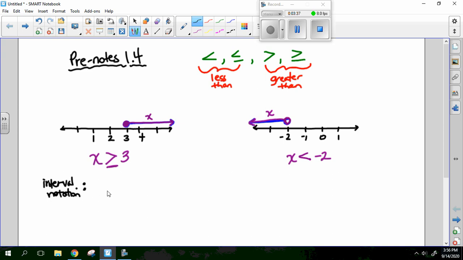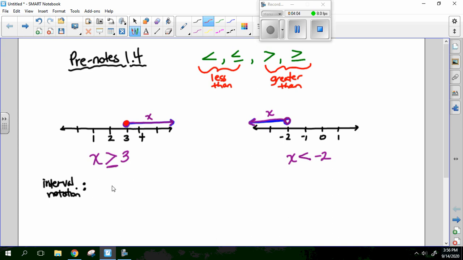It has a beginning and an end, and sometimes you use parentheses, and sometimes you use squared off brackets. When you do an interval, you have to look at your graph from left to right. So for this first one, the closed circle is the first thing I get to when I look at my number line from left to right. It's my first number that's graphed.